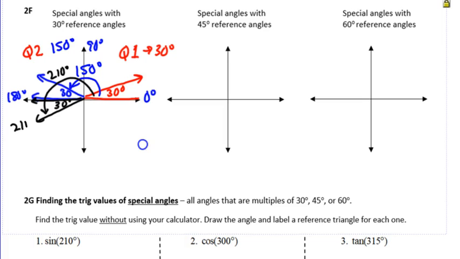So 210, I'll write it down here. Quadrant 3, 210 degrees. So 210 is the angle that I would use in quadrant 3.